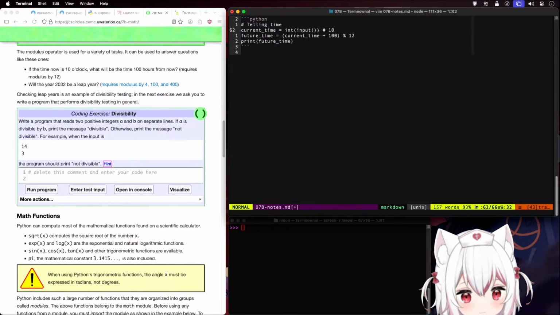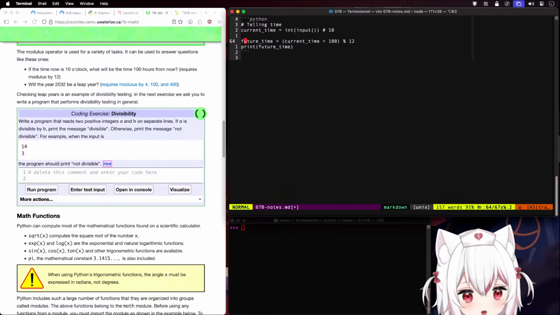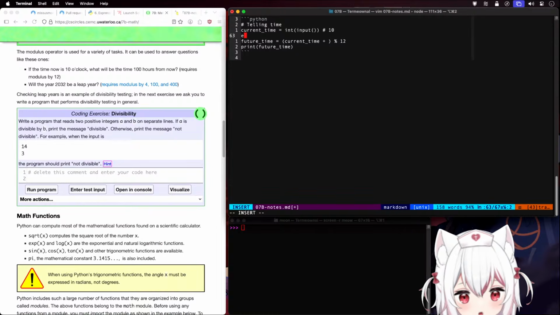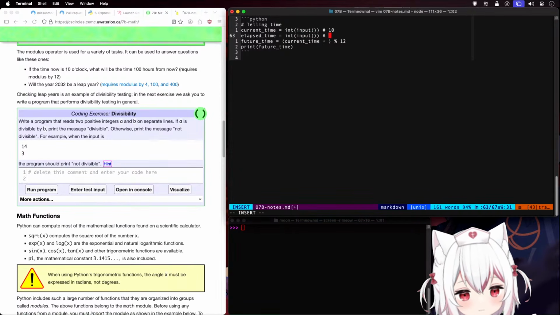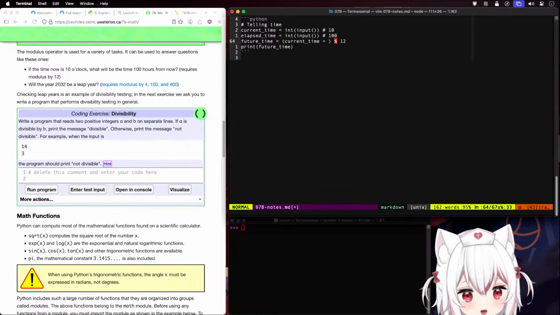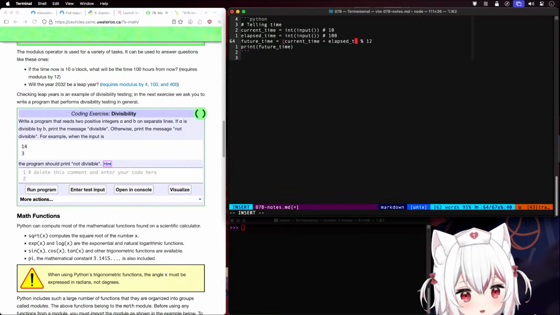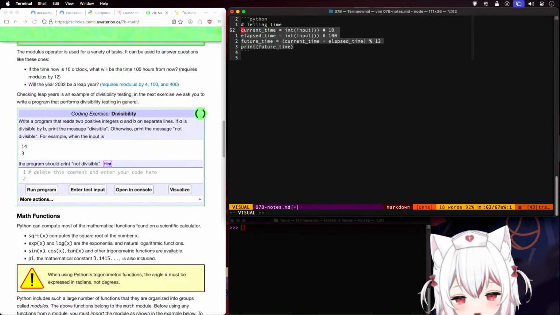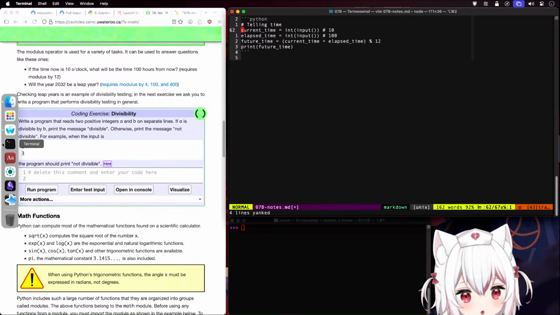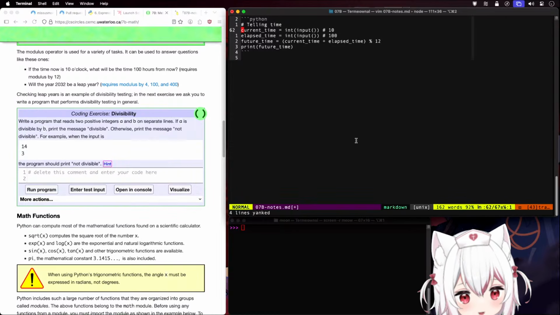And then instead of 100, we should use elapsed time, which is also an input. And we'll just use 100, but we could use other things too. Does that make sense?